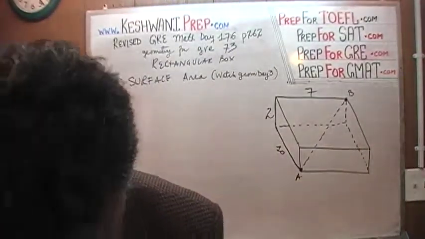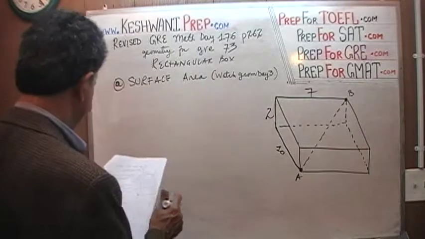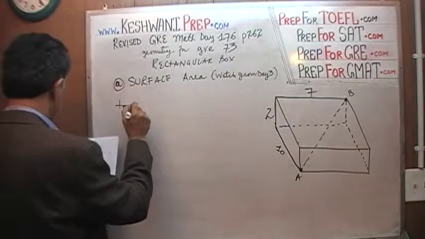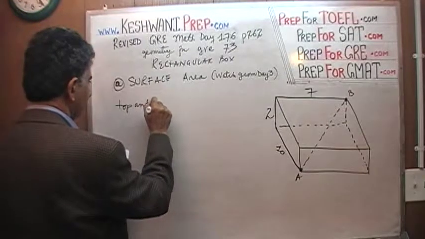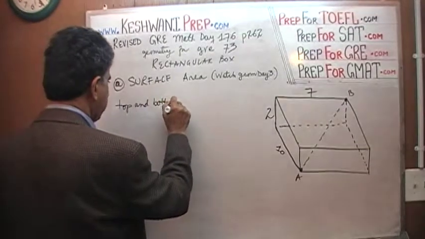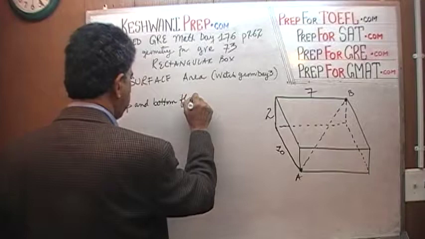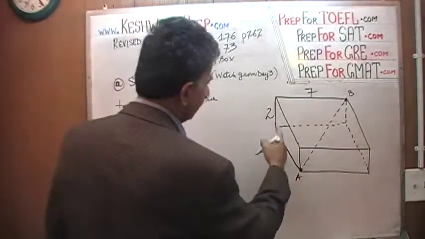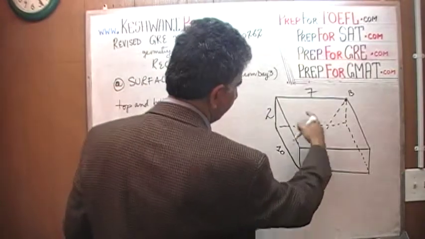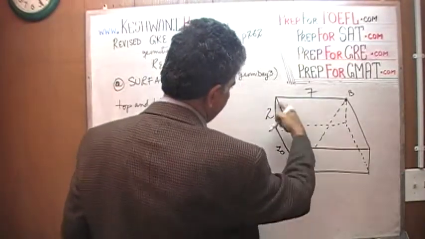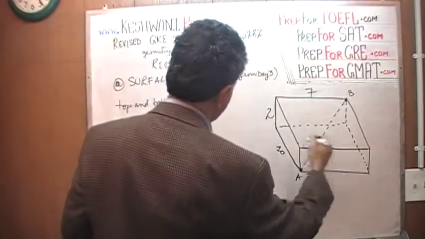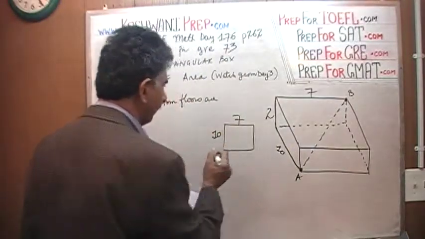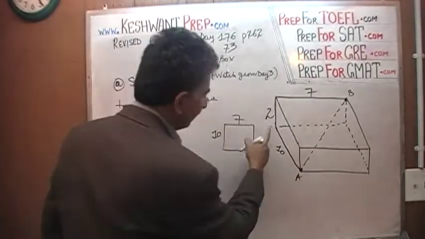First, let's find the area of the top and the bottom floors. This is the top, and that's same as the bottom. This is 10 and that is 7. So it looks like this, 7 and 10. That's your floor, the bottom. From here to here is 10.